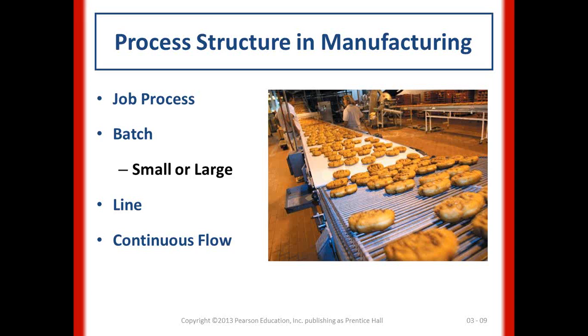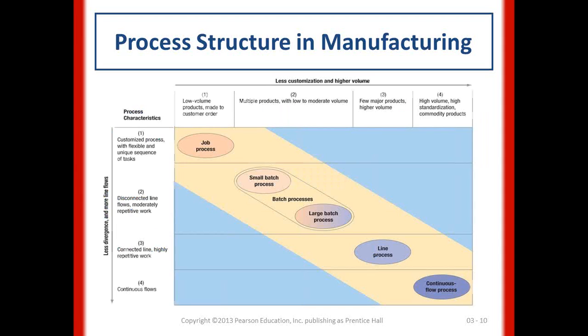So you could be producing different kinds of candies, a candy cane and so on. So you have much more variety, but your volumes are much lower. Job process, only one product, only gets produced once and very unique. So this is the split between job, batch, line, and continuous flow.